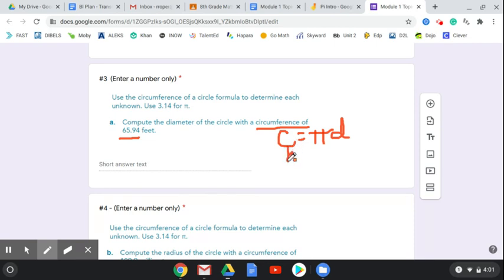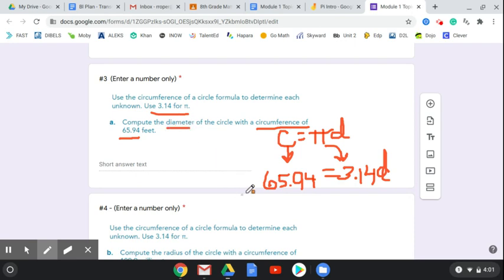So right here for C, I'm going to plug in 65.94. Bring my equal sign down. Do I know what pi is? Yep, they told me to use 3.14 for pi, so I'm going to plug in 3.14. I don't know the diameter, so I'm going to leave D as D. That's what I want to find. I want to find the diameter.